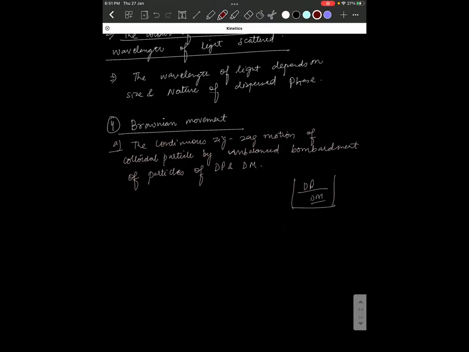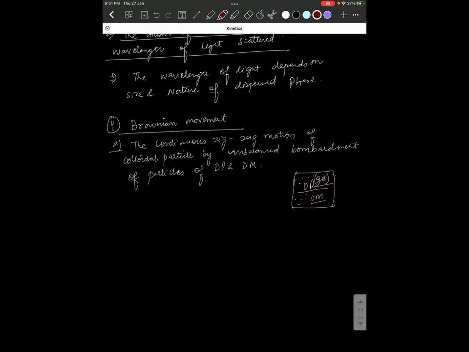Or I can say I have gel as a dispersed phase, and I can add any liquid as medium. Now there will also be the particles of dispersed medium. If these two kinds of particles are in a small beaker in a fixed volume, then they will be colliding with each other.